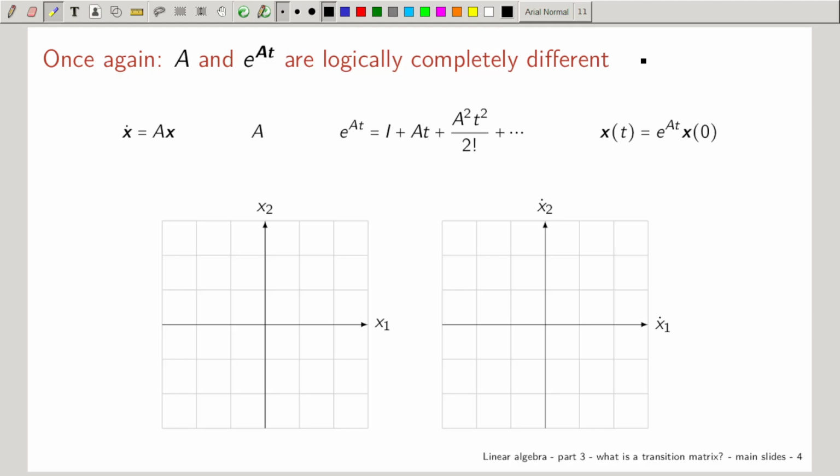Let's pretend that for t equals 10, this one is equal to A1, A2, okay? This is A1 of 10, A2 of 10. Are we together?